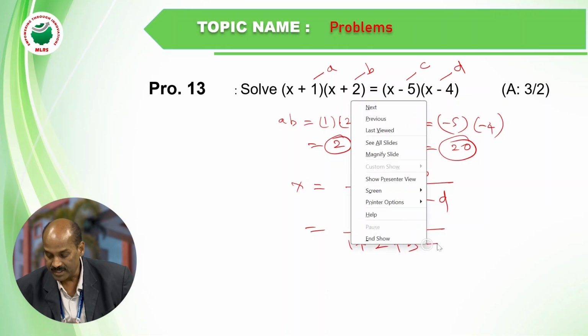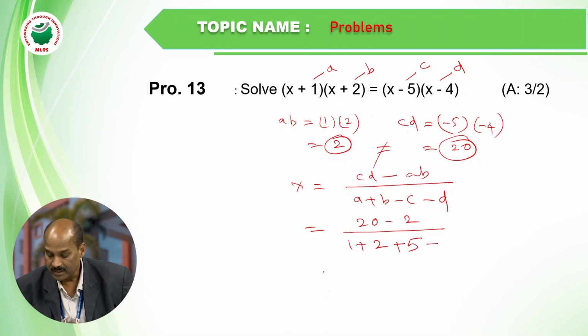And here also minus D: D is minus 4, so minus into minus is plus 4.